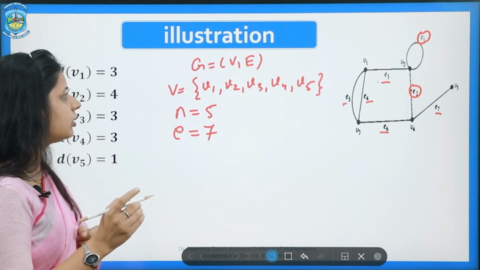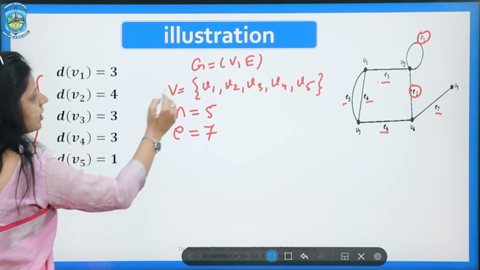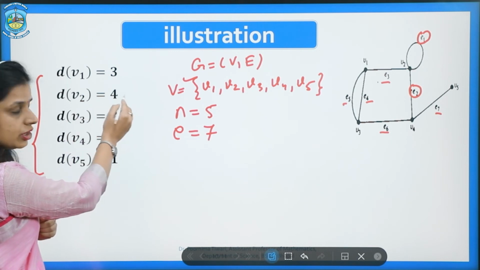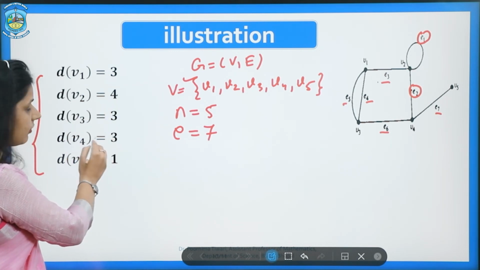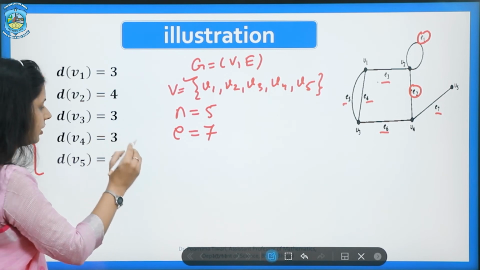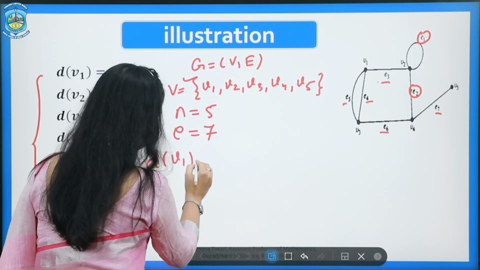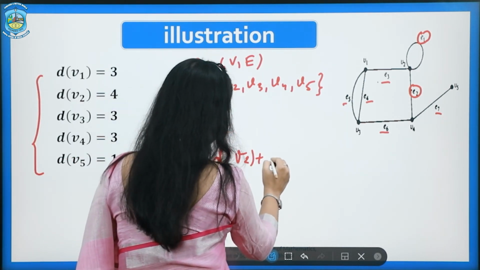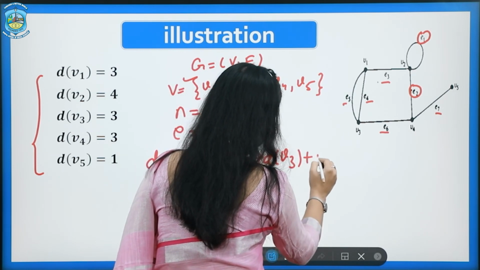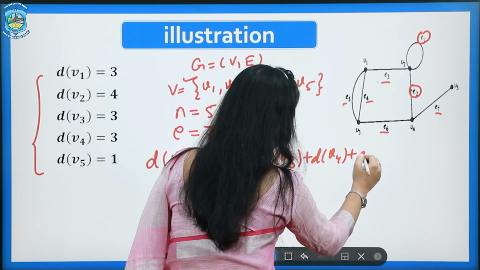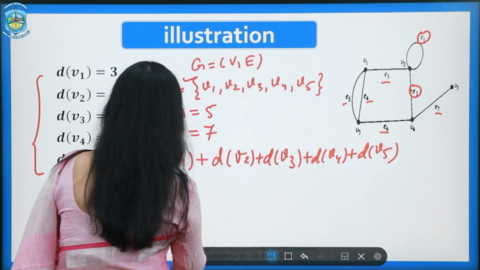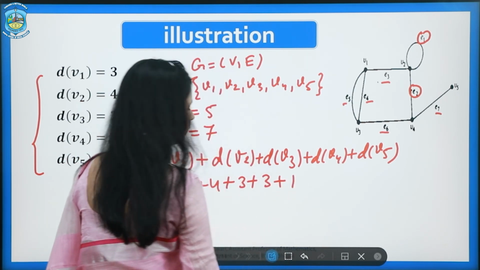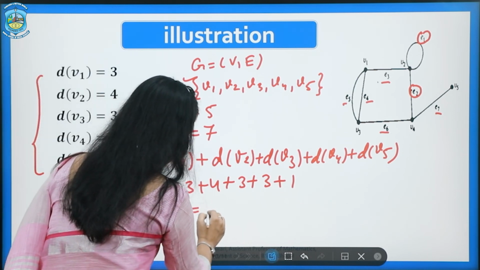Now, first we have to calculate the degree of each vertex, and we find that the degree of V1 is 3, V2 is 4, V3 is 3, likewise V4 is 3 and V5 is 1. And if we sum up, that is, if we calculate degree of V1 plus V2 plus V3 plus degree of V4 plus degree of V5, we get 3 plus 4 plus 3 plus 3 plus 1. And this quantity is 14.